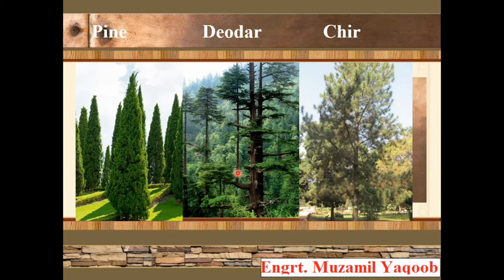For example, if you are traveling towards Naran or Kashmir, or towards Kumrat, you will see a lot of this kind of trees. The last one is cheed, and this is how the cheed tree looks. I added these snaps for your understanding, in case you don't know how pine, deodar and cheed trees look like.